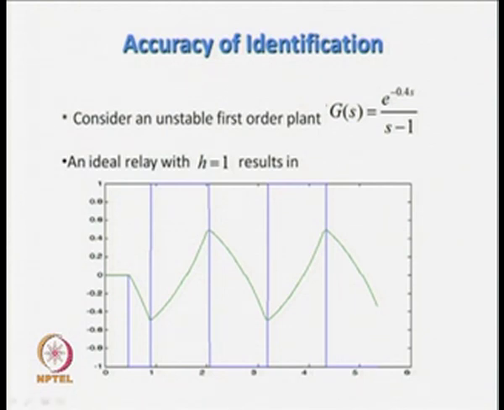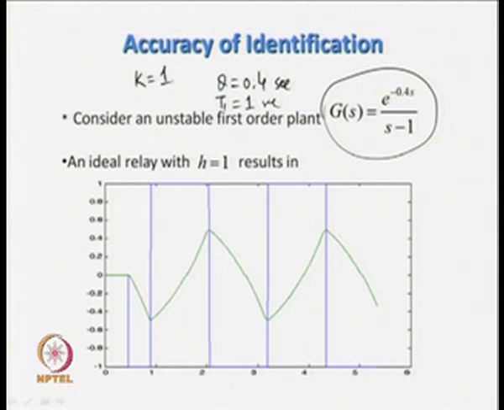So, in this simulation study, an unstable first order plus dead time transfer function has been considered, where the time delay theta is equal to 0.4 second, the time constant T1 is equal to 1 second, and the steady state gain K is also equal to 1.